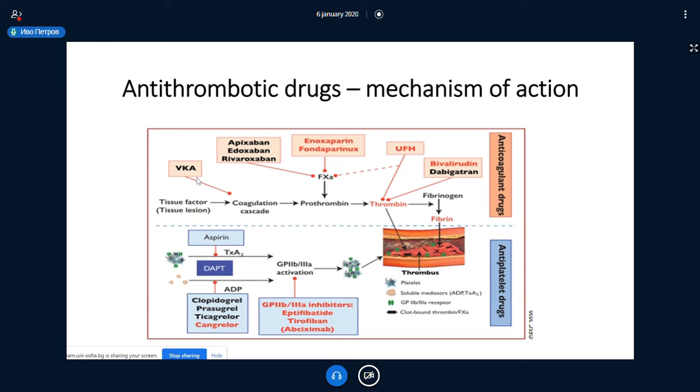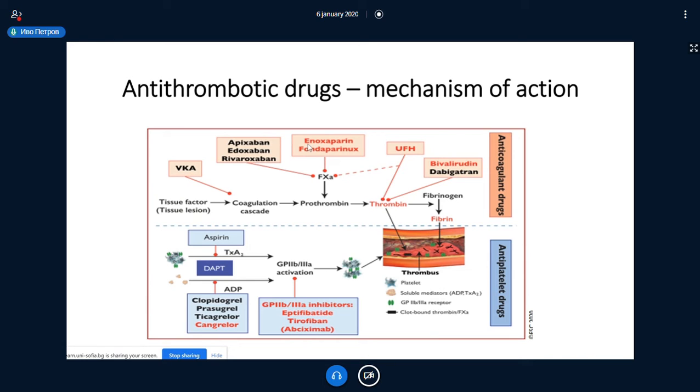But during the last several years, we also have the direct, or so-called in the past, new oral anticoagulants like dabigatran, apixaban, edoxaban, and rivaroxaban.